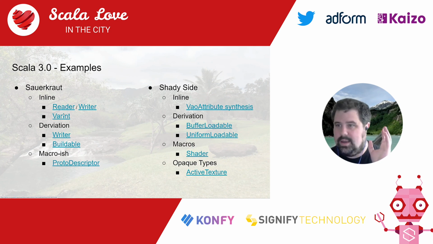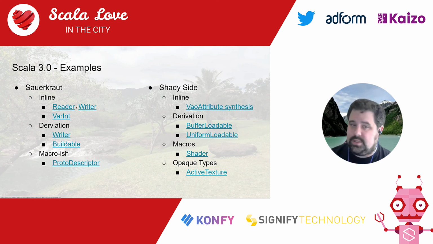It's inlined. I don't know if it's great that it's inline, but it is, and the performance is either negligible or a small win. We do some derivation, and we do a little bit of macro-ish. We're actually proto-descriptor. If I were to show you this, we are annotating types, and we're extracting the integer values of those annotations. And we had to use a macro for this. We couldn't do it in straight inline, but they're not super large macros, and it's still pretty cool stuff.